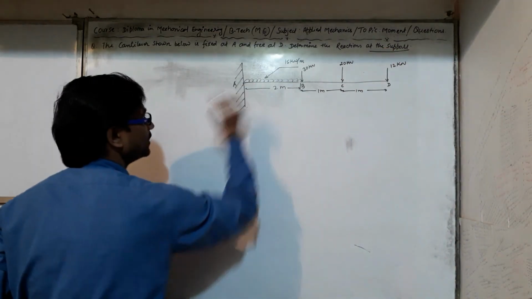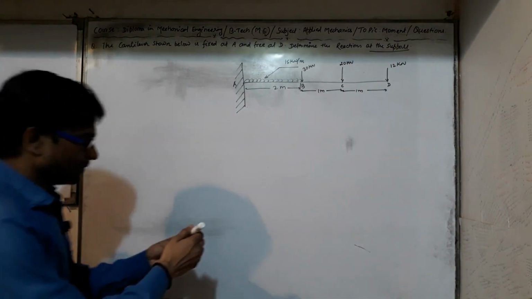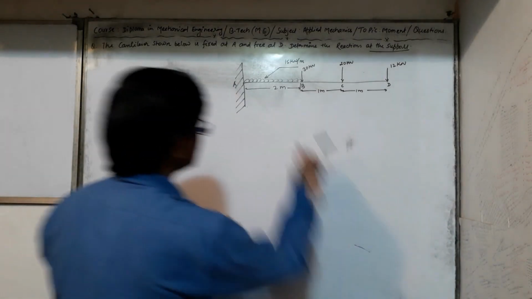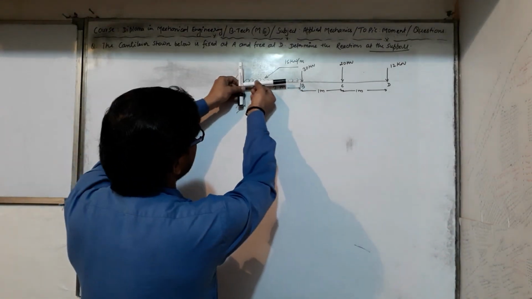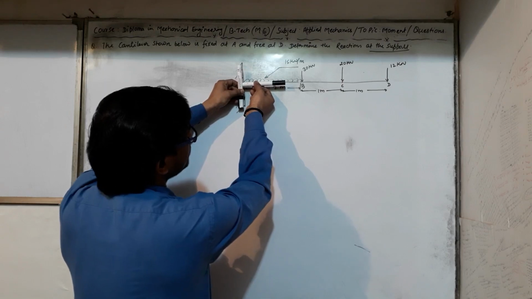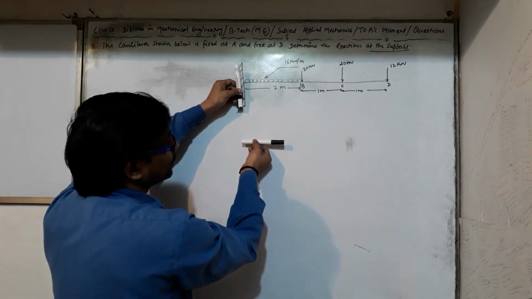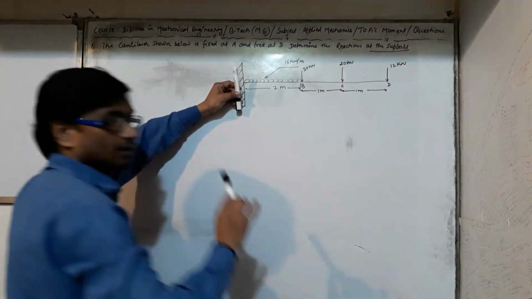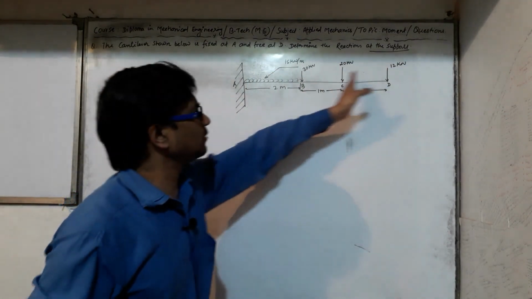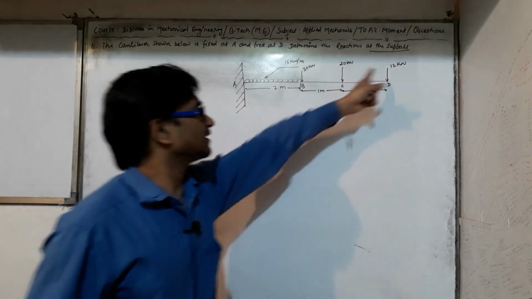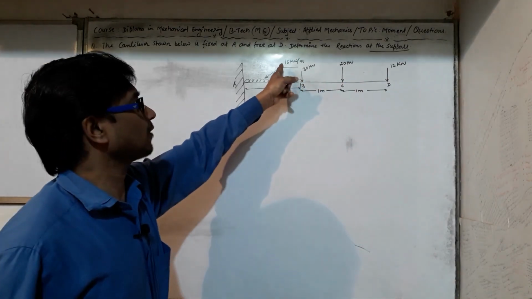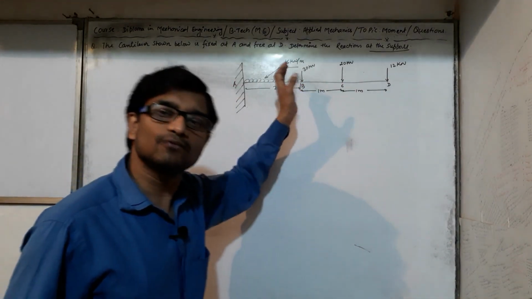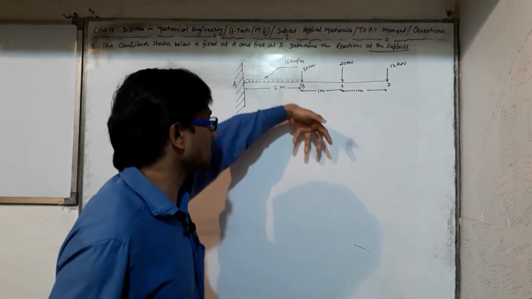Here is the support. If this beam is fixed here, it means the beam is not moving in the downward direction, even though loads are acting. Here there are 4 loads, 3 point loads and 1 uniformly distributed load, acting in the downward direction.